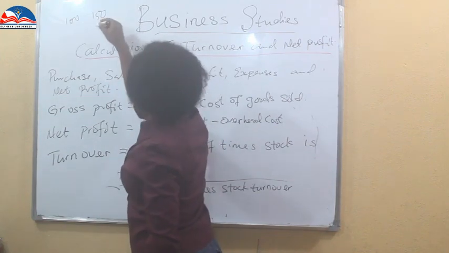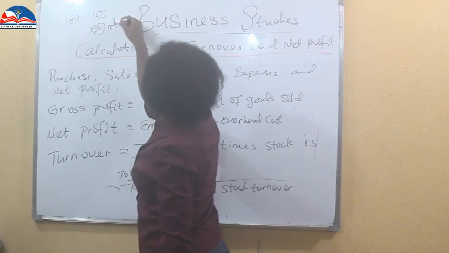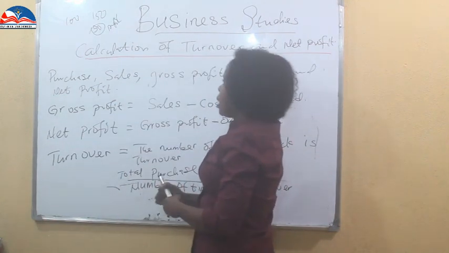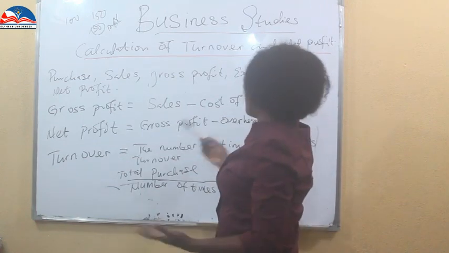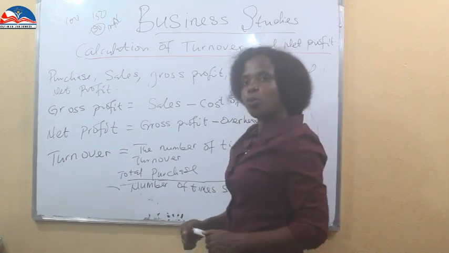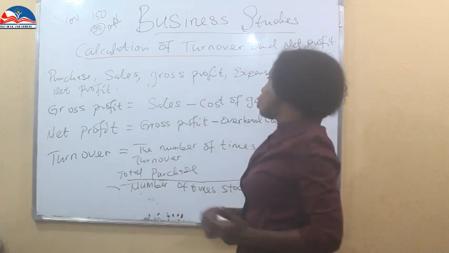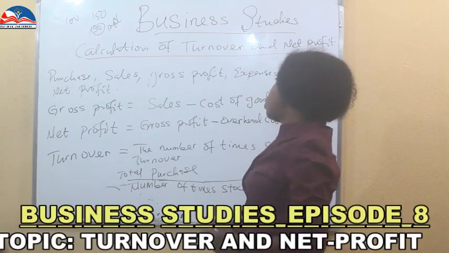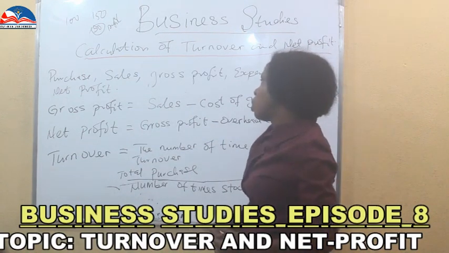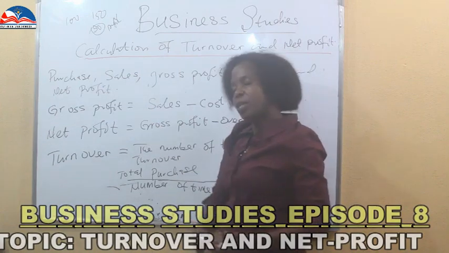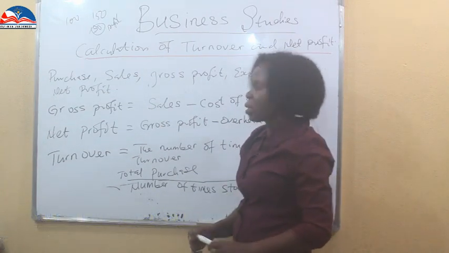Your gross profit now means 50 naira, because this is what you have added. So sales minus cost of goods sold is your gross profit.